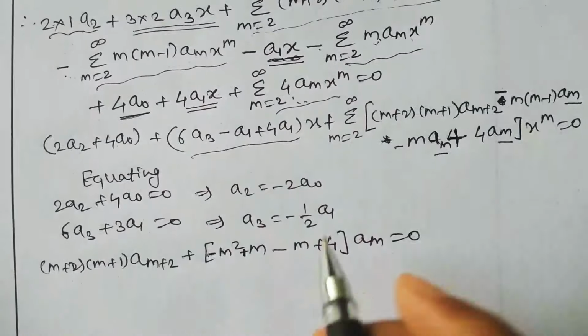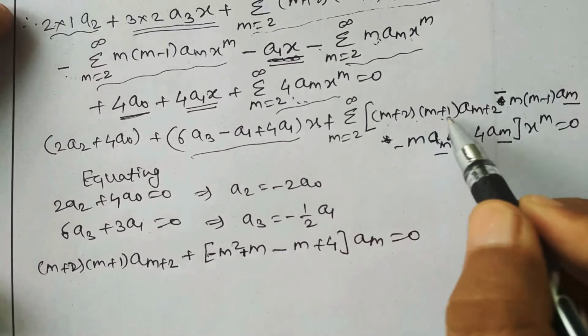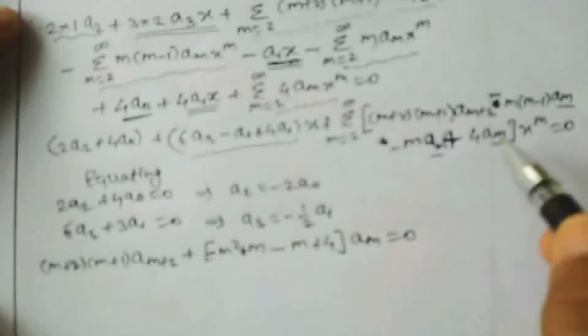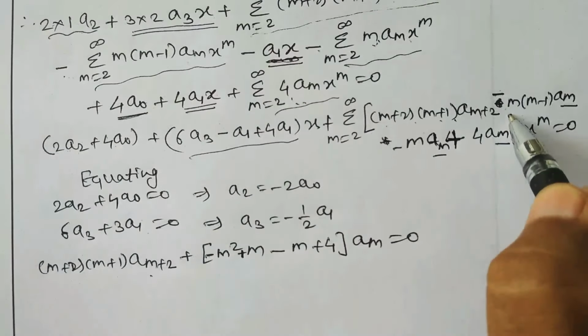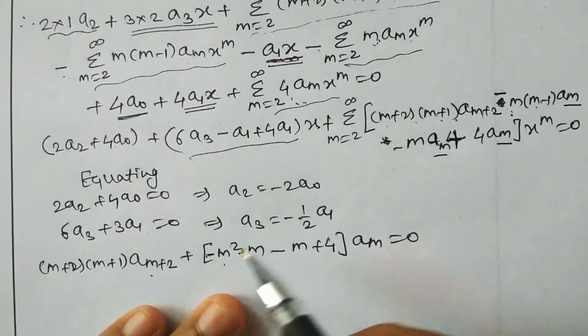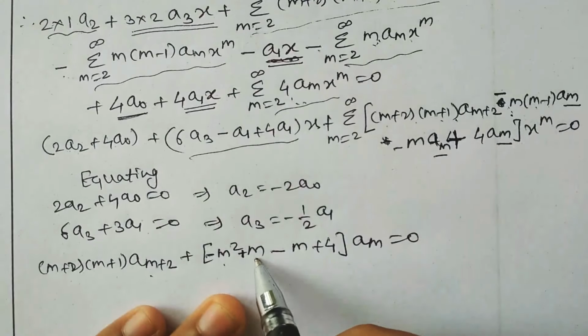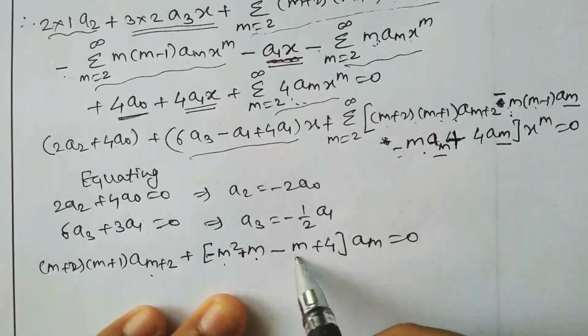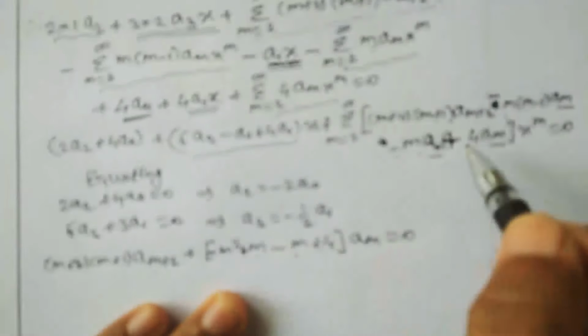Once again see, (m plus 2)(m plus 1) a(m plus 2). Then this second term is actually negative, minus m into m, that is minus m square, minus m into minus 1, that is plus m. Then this minus m and this plus 4 into am.